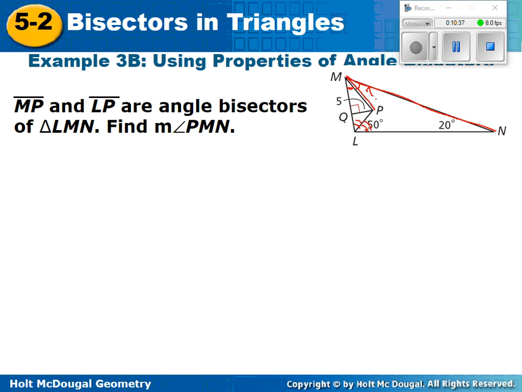NLP is 50, so what else does that mean? All right, so that's probably where we need to start. This angle right here is 50, and the one next to it is supposed to be congruent, so this angle is also 50. What does that make that whole big angle L? 100.